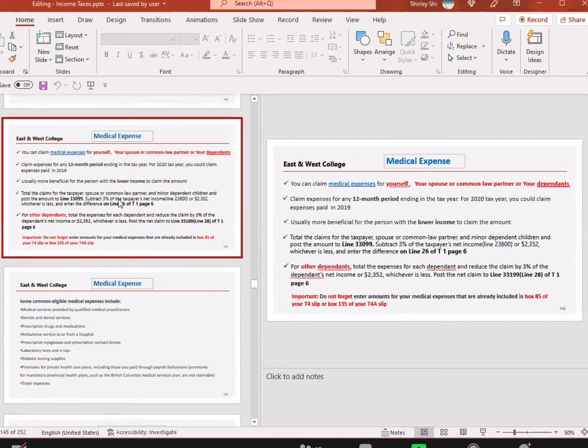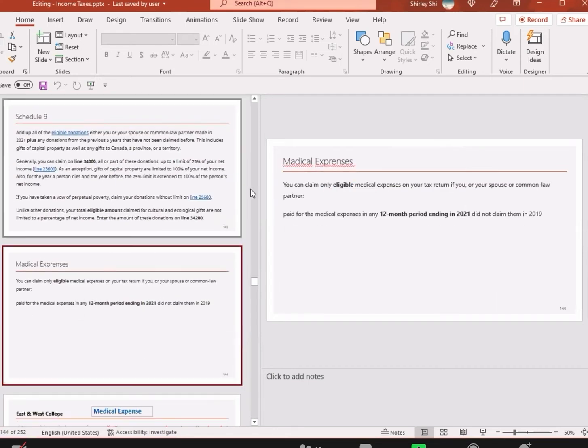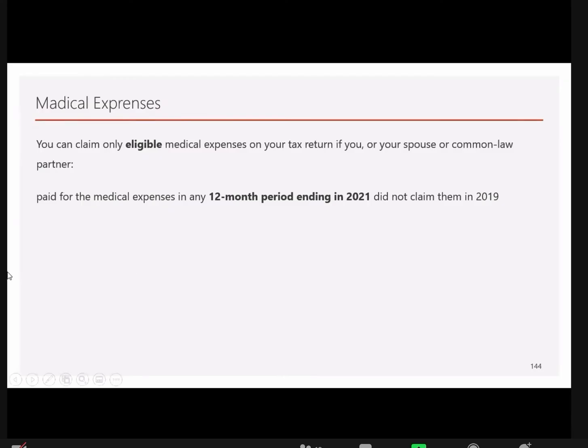Okay, medical expenses first. You can claim only the eligible ones.